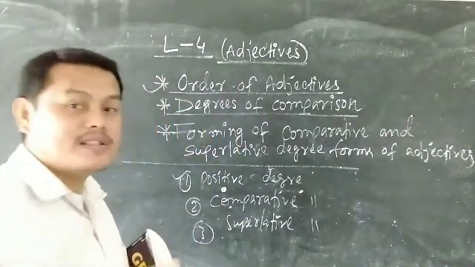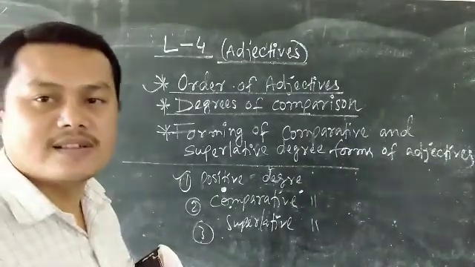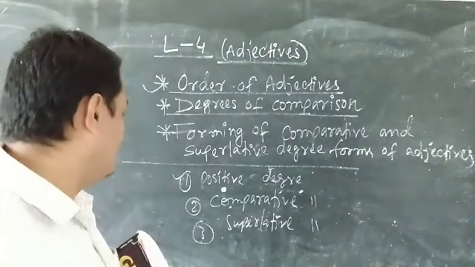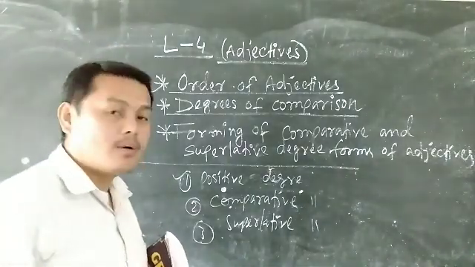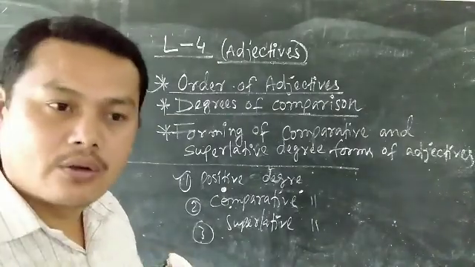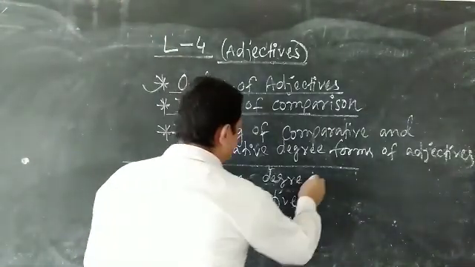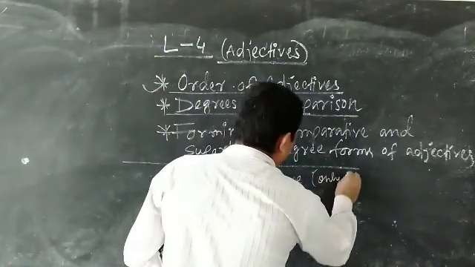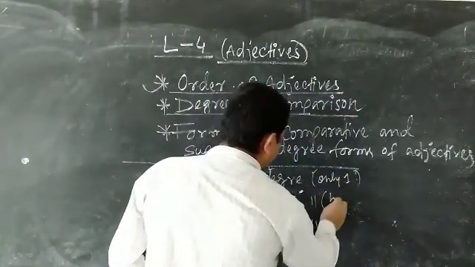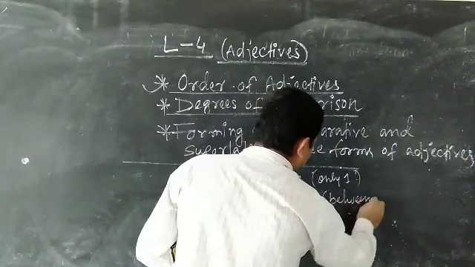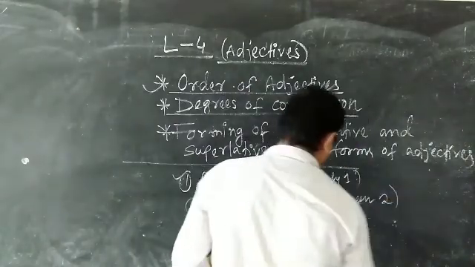If we make comparison between two things or two persons, then that is comparative degree. And if we talk about the best or the worst in a group, then that is called superlative.